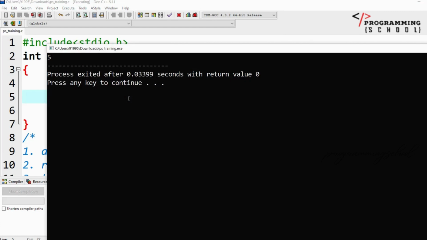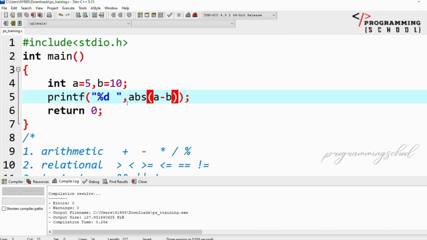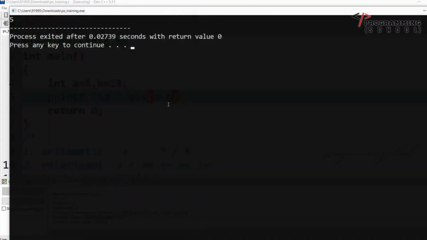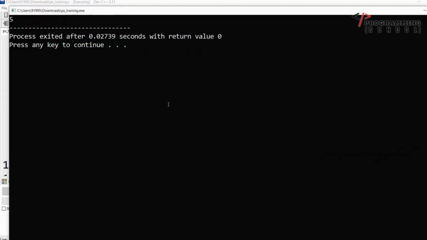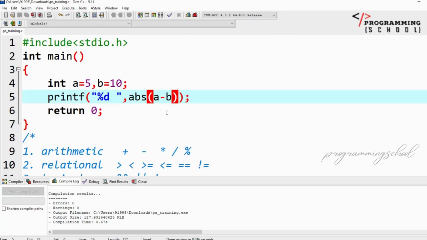Just observe, it gives the absolute value. Without the ABS function, 5 minus 10 is always minus 5. ABS is the absolute value, which always gives the exact difference between the two numbers. That's it. This is the ABS function.